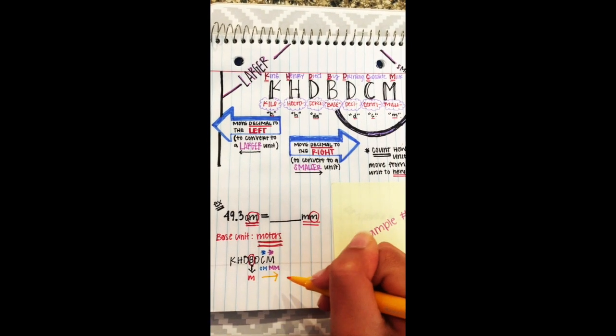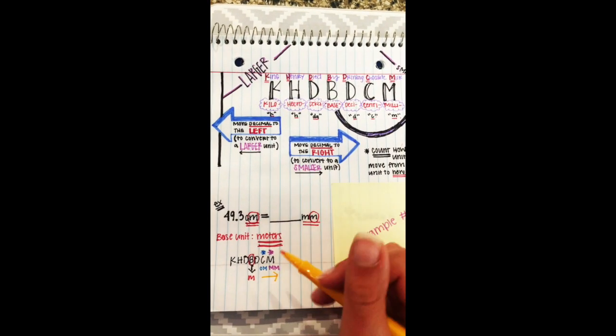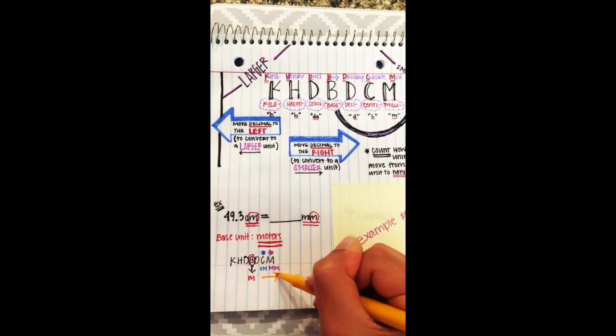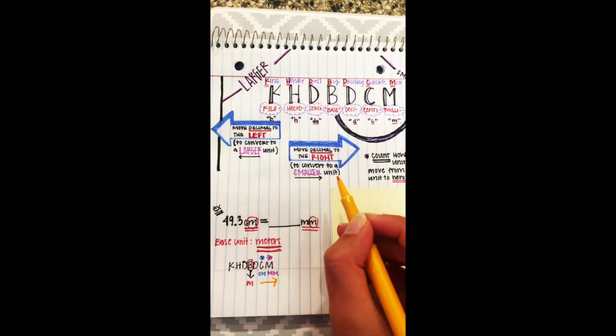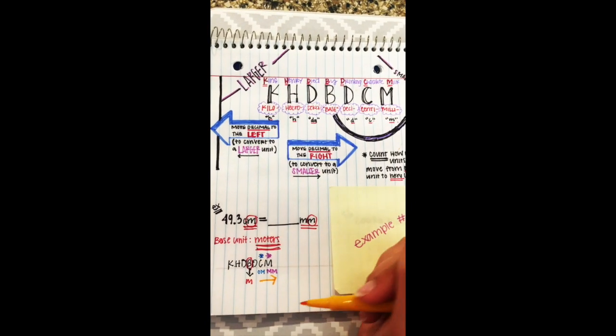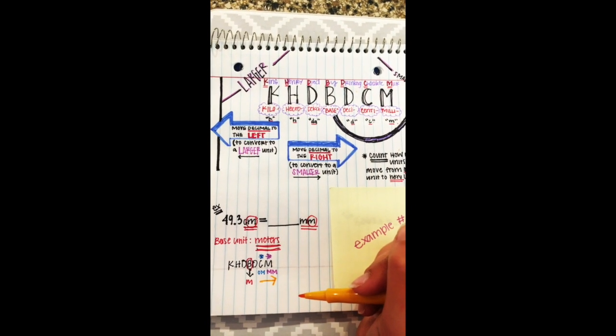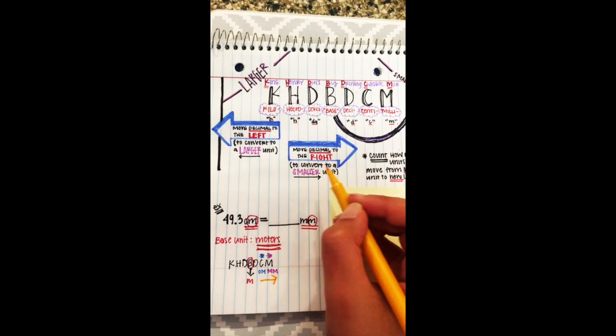Moving towards the right, it matches this arrow. So we know that we're moving towards the right. We're converting to a smaller unit. So look at our notes. When we're moving towards the right to a smaller unit, we need to move our decimal to the right. So we're moving our decimal to the right.